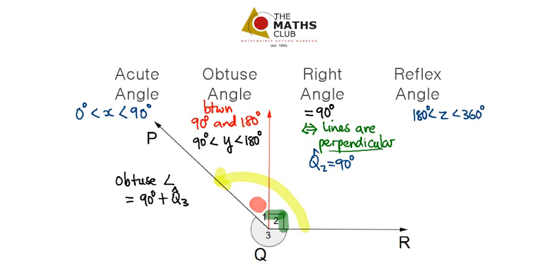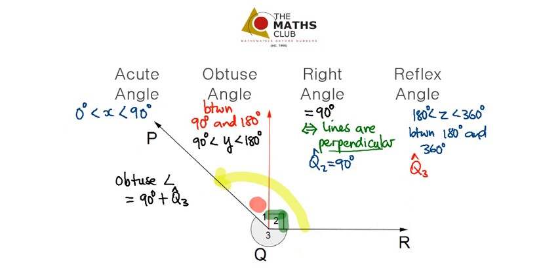So this is between 180 degrees and 360 degrees. This is a reflex angle. Not very common, but I want you to see it. In this case, Q3 is a reflex angle in our diagram here.